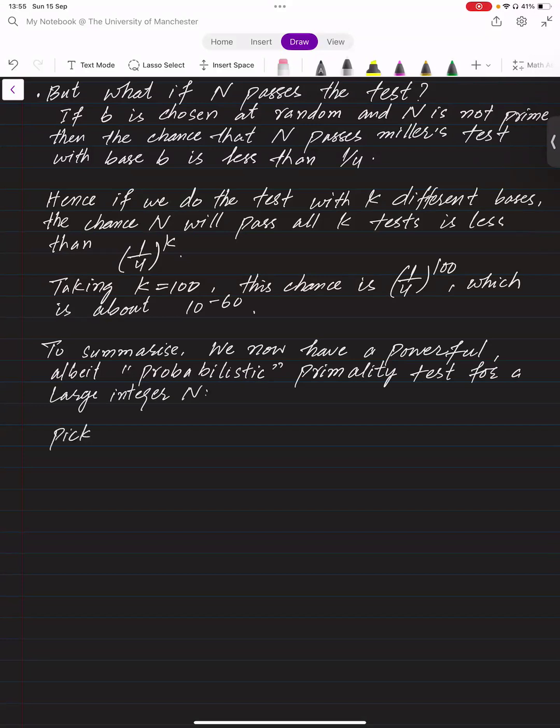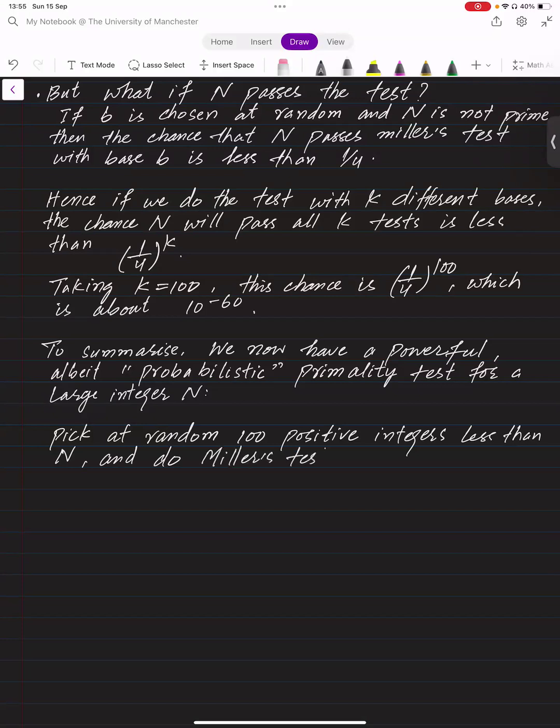Pick at random 100 positive integers less than n and do Miller's test on n with each of these as the base.